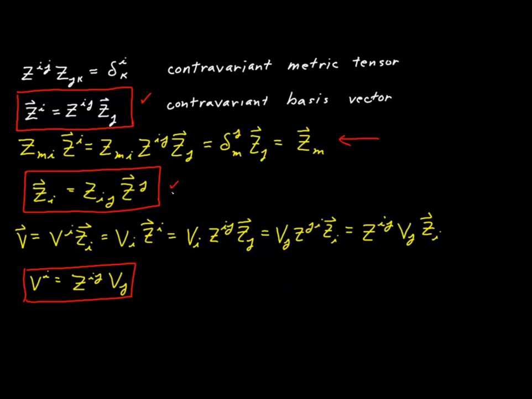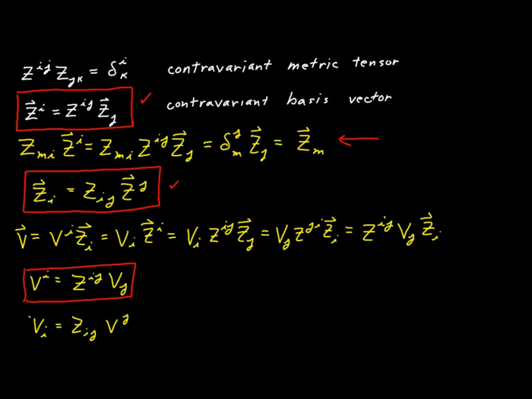Well, it's not a stretch of the imagination to realize that if we start with this one, do the same kind of operation, then you're going to come out with Vi, lower index, equals Zij times Vj, like this.